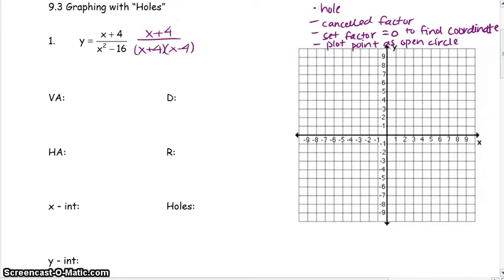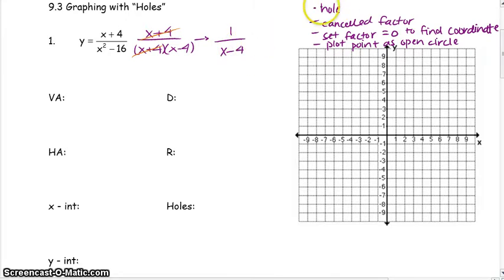So we have an x plus 4 on the top and an x plus 4 on the bottom, so those can cancel. That leaves us with a 1 on the top, because when you divide out what you have, you have a placeholder of 1. So that would be 1 over x minus 4. This is going to be our new equation.